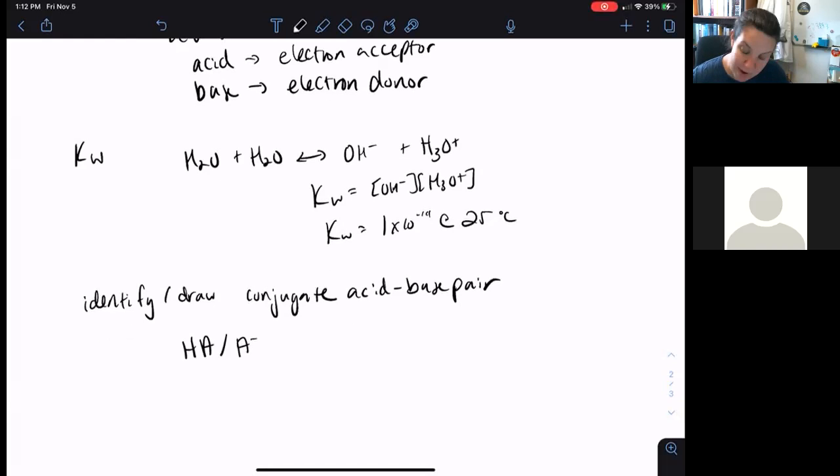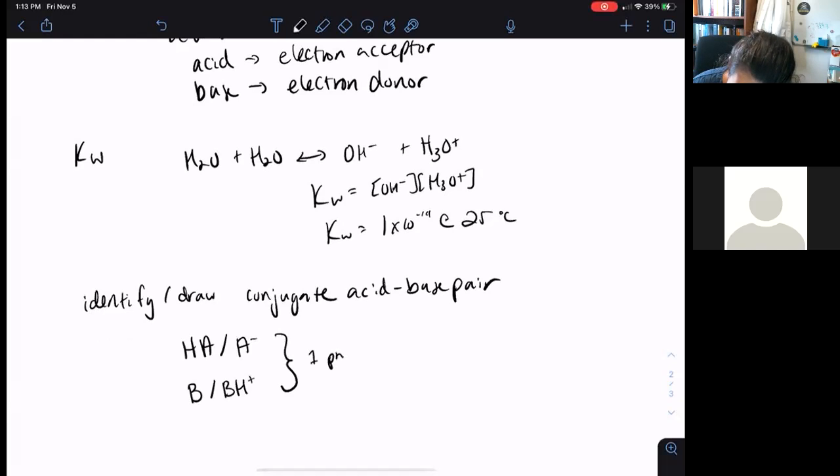If we're thinking about a base and its conjugate, it would look like that. So your conjugate acid-base pairs are going to be 1 proton difference between the two.